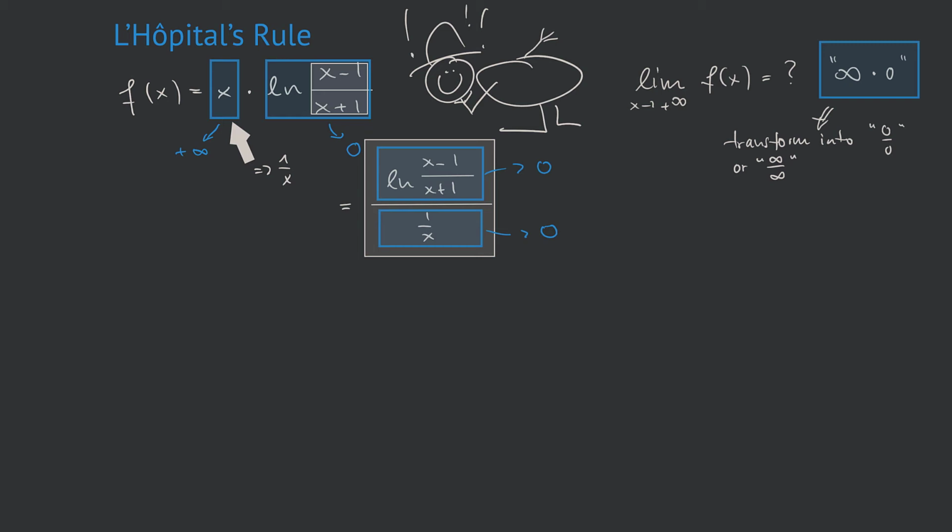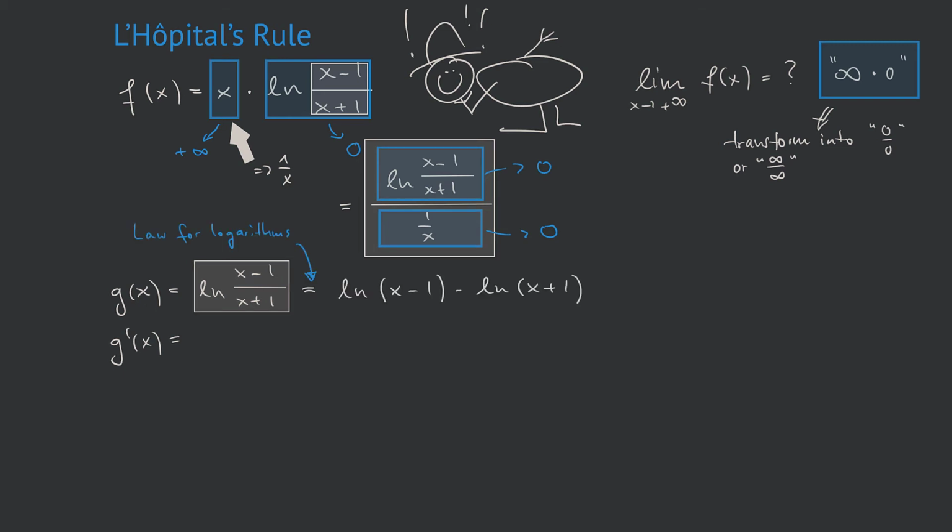Let's call the numerator g of x. We now need to calculate g prime of x. We could do that using a combination of the chain rule and the quotient rule. However, it is much easier if we first split up g of x using the law for logarithms, which gives us ln of x minus 1 minus ln of x plus 1.